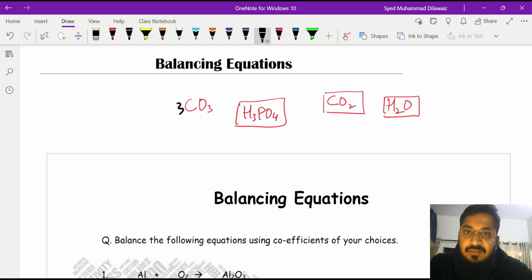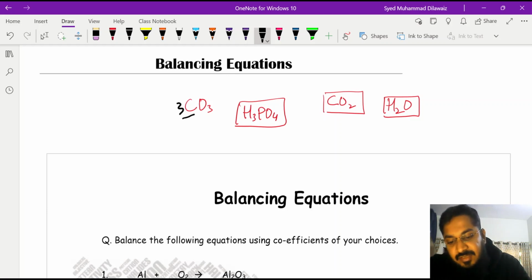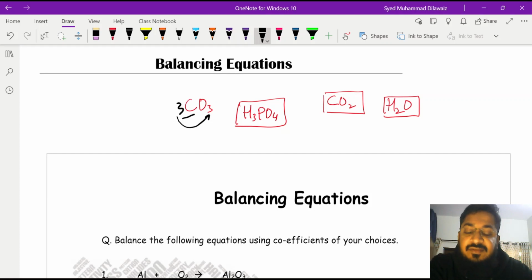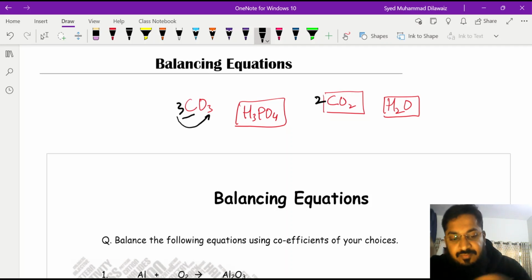Now this 3, if you check it out, is basically connected with the whole unit. So we can say that this molecule contains three carbon atoms, and then the quantity 3 is multiplied by this 3. That makes it 3 into 3, 9 oxygen atoms in the single unit of CO3. That does not exist exactly. And then again, another molecule, CO2: if you put 2 beside the CO2, that makes 2 units of CO2.